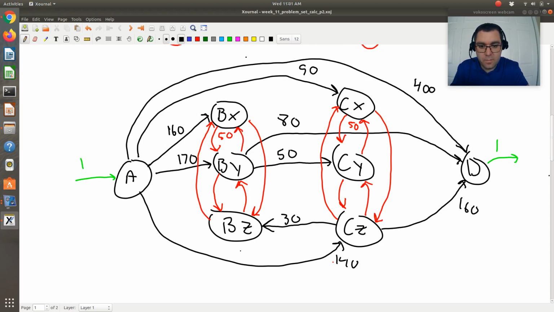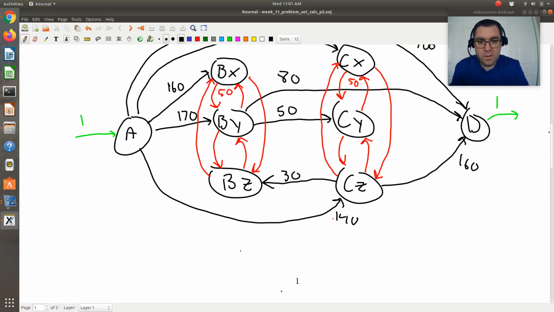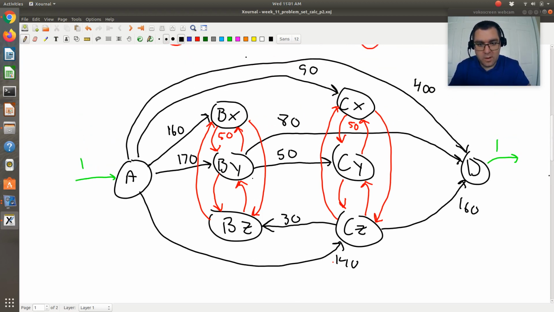But we'll keep them. Just like I wouldn't transfer from Y or X to Z because that's also a dead end. All right, so just to make it clear, and I'm not going to delete them, I'll just throw a little x. So I would never go from X to Z or Y to Z, just like I would never go from Z to X or Y to X because those are both terminal destinations.